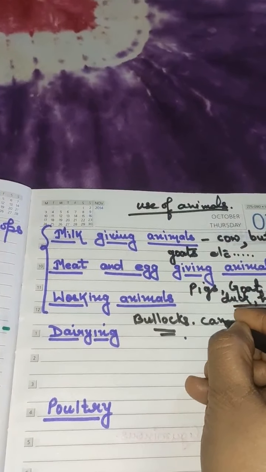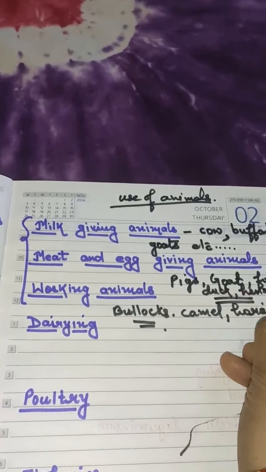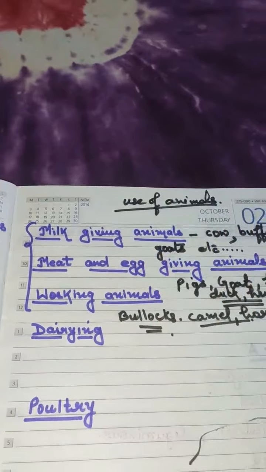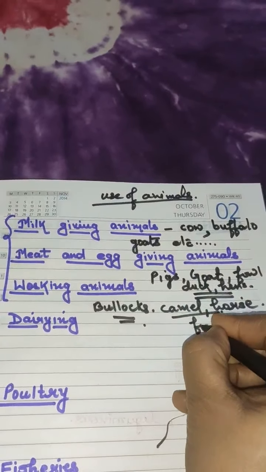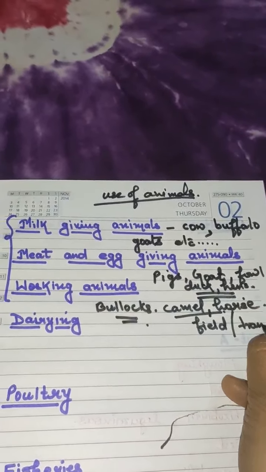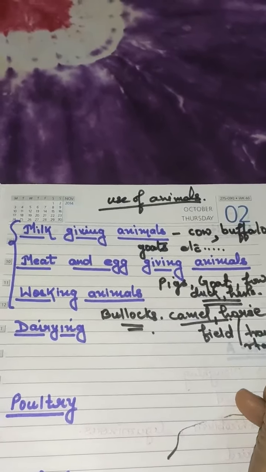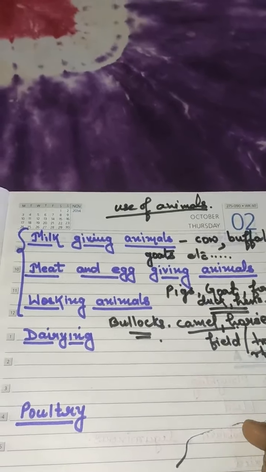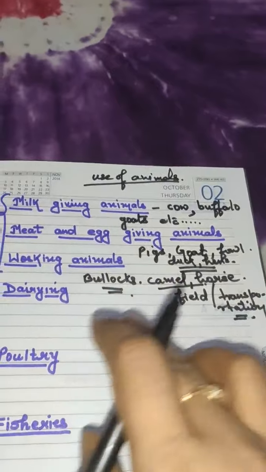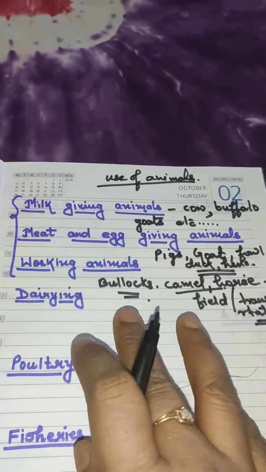Write down: bullocks, camel and horse, for doing different work in the field. They are used in the field as well as for transportation of different things in the land or area where we live. Clear to you?